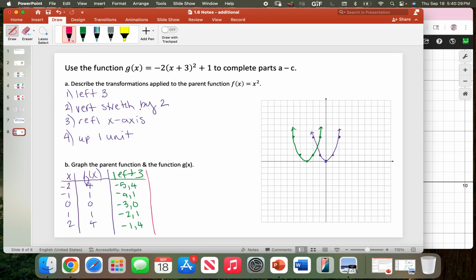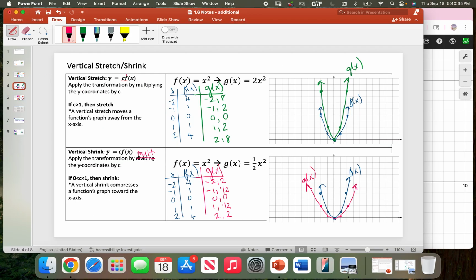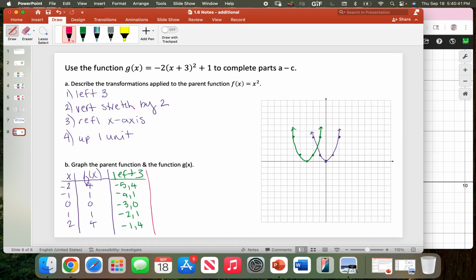For our vertical stretch by 2, right? We have a c value that's greater than 1. So we can multiply our y values by that c value. You can use the points here, or you can use the points here.